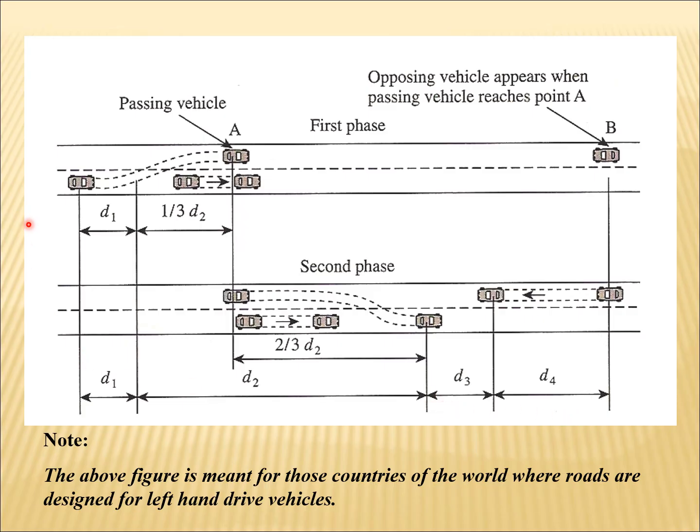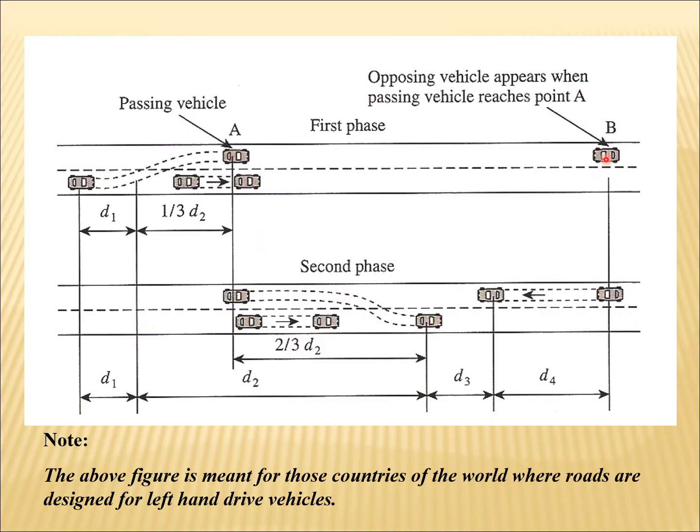So I will repeat this thing. This figure is very important to understand. This is the vehicle that is going to overtake this vehicle. You can see that this is the overtaken vehicle moving at the constant speed, and this is the vehicle coming from the rear side of that, and this driver wants to overtake like this over here, and then from here to here like this.